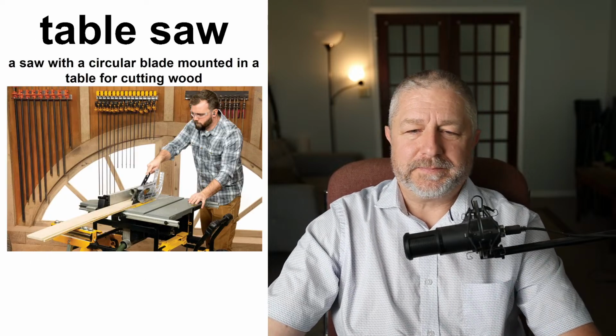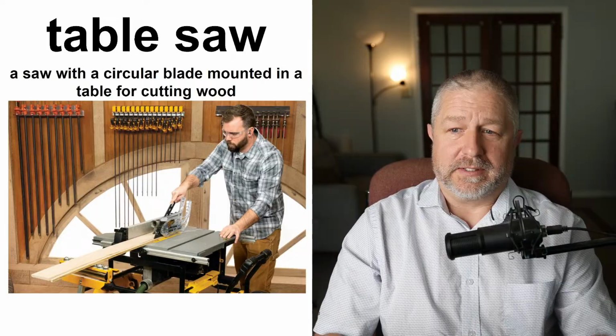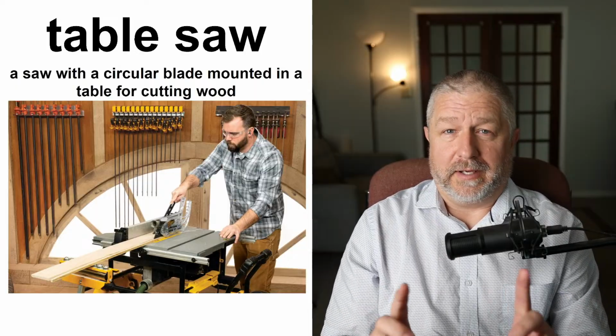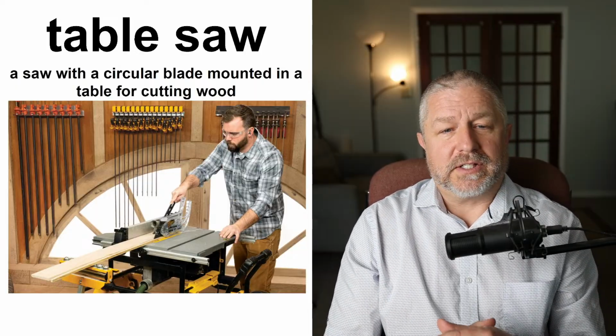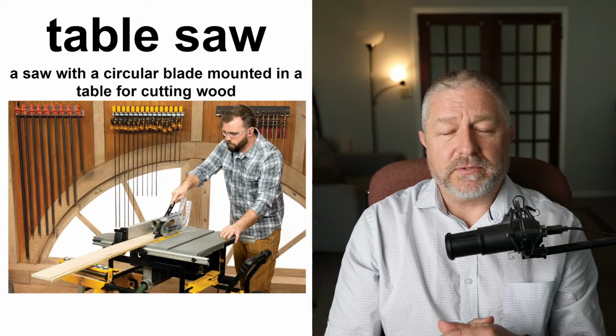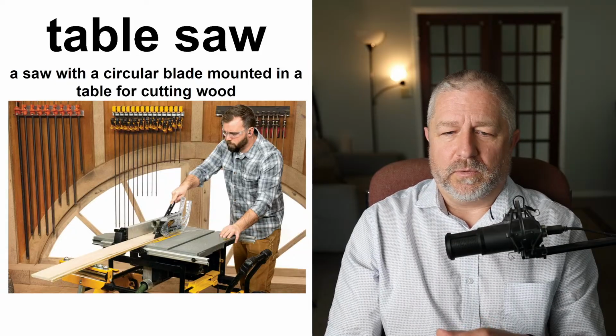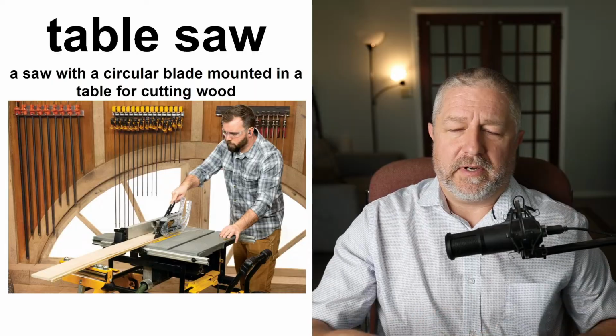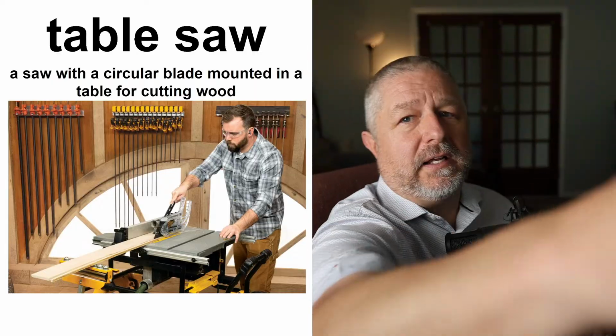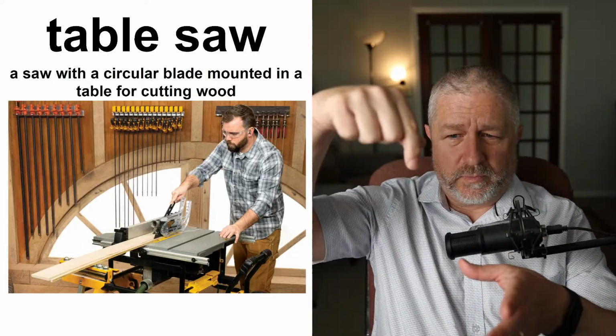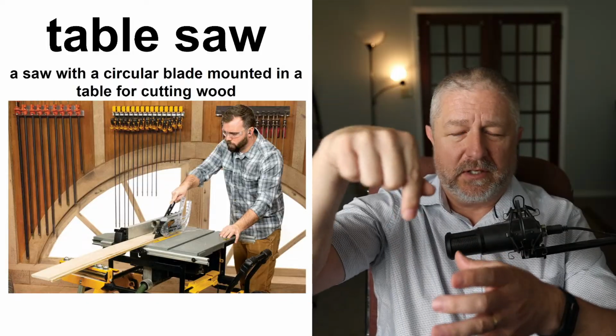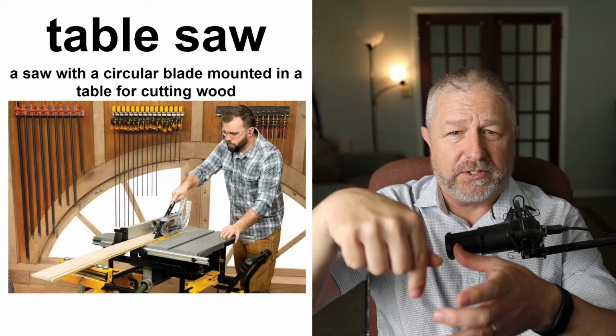A table saw. By the way, I do have a drill press and I love it. And I do have a table saw and I love it. A table saw is a saw with a circular blade mounted in a table for cutting wood. So a table saw is very handy for cutting in the same way a drill press restricts your movement and allows you to drill a straight hole.